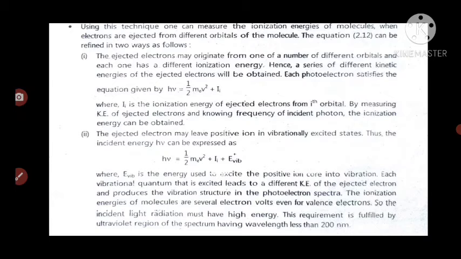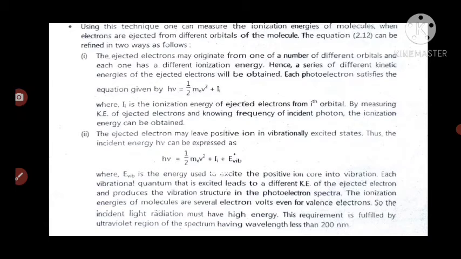This vibrational quantum that is excited leads to different kinetic energies of the ejected electrons and produces vibrational structure in the photoelectron spectra. The ionization energies of the molecule are for several electrons held in the valence shell.